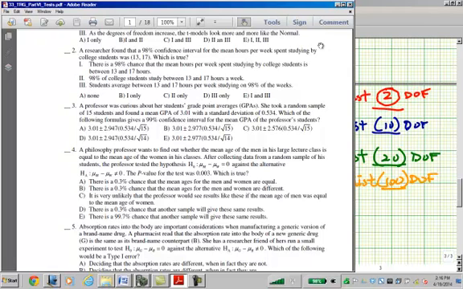So I would think that B is the right answer without even figuring anything out.